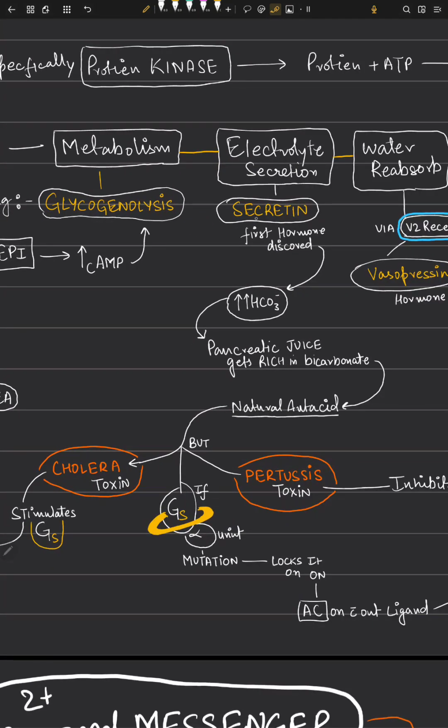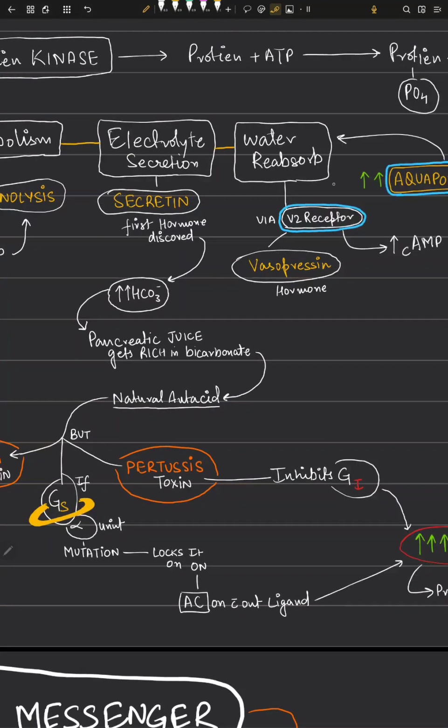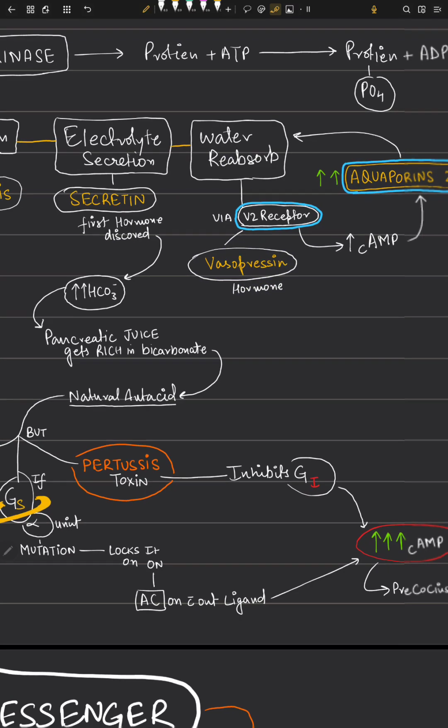Okay, let's talk about secretin. This is the first hormone discovered, and secretin releases bicarbonate, which is mixed into pancreatic juice, and this juice is a natural antacid. Cool. Water reabsorption is via the V2 receptor. V stands for vasopressin hormone. We don't want to lose water in the desert, right?